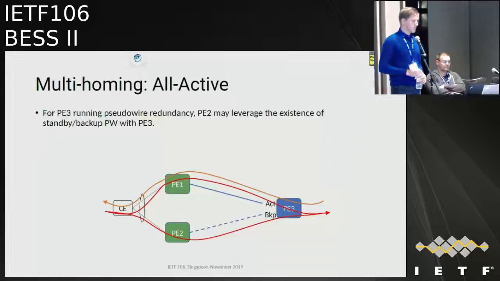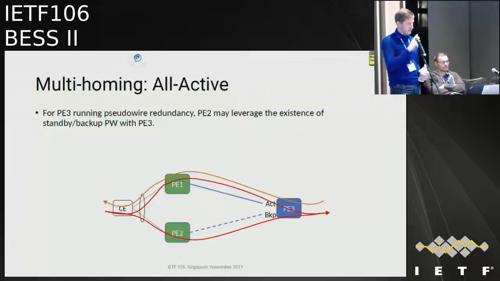As far as multi-homing goes, I won't go into it all; the draft actually addresses the full set of EVPN load balancing: single active, port active, and all active. I think really the only interesting use case that I'm going to present today is all active, because single active and port active are actually quite straightforward.